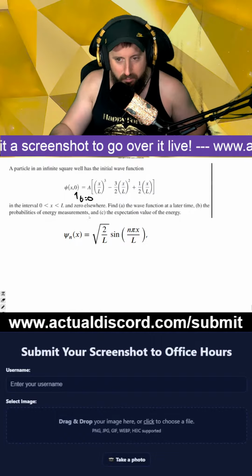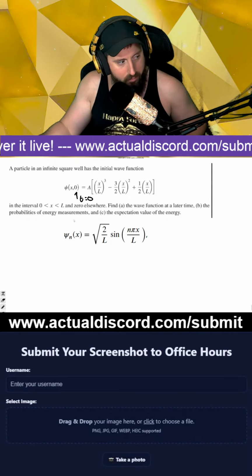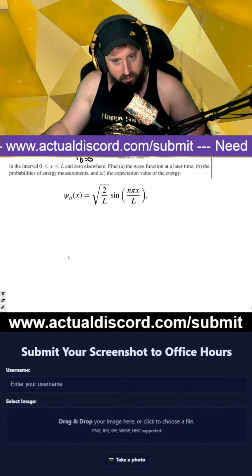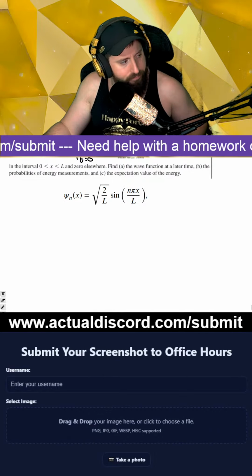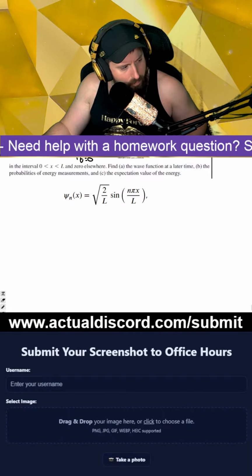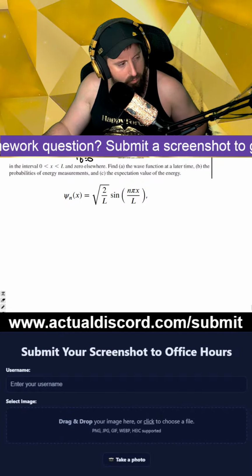These are the eigenstates, right? I'm pretty sure these are the eigenstates. So these are the different states we can have for it, right? And then these all have coefficients on them. So, let me think how this works.